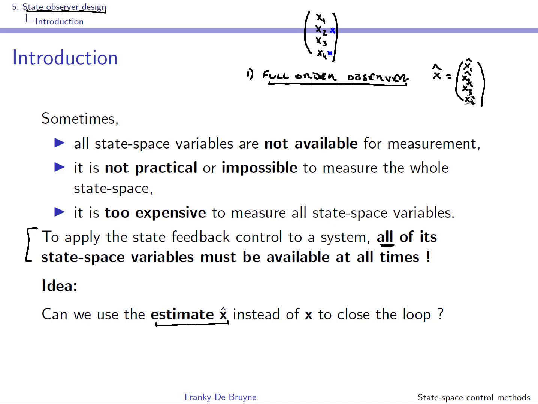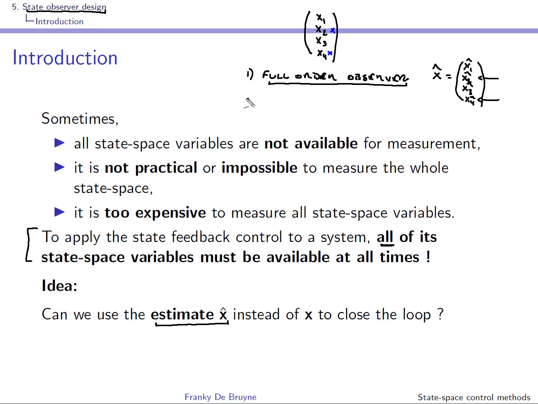This might make sense even if x2 and x4 are measured, because the estimates x2 hat and x4 hat will really be filtered versions of x2 and x4 using the model dynamics. So there might be some advantage in estimating x2 hat and x4 hat even if they are measured, simply because this full order observer will act as a filter.